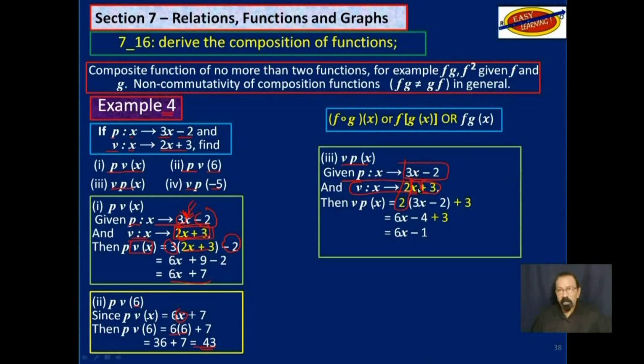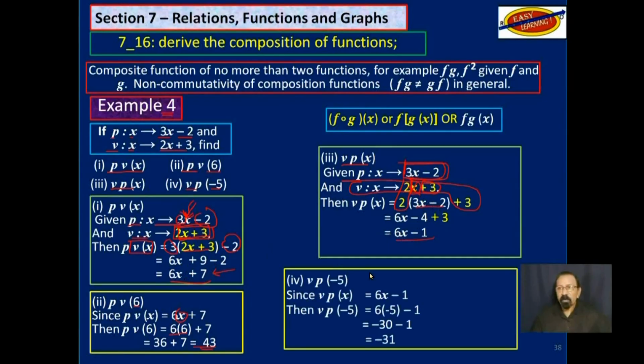This plus 3 is still here. We have replaced this x in the middle here with 3x minus 2. That's this 3x minus 2. And then you simplify that and you get 6x minus 1, which is different from what we had over here.